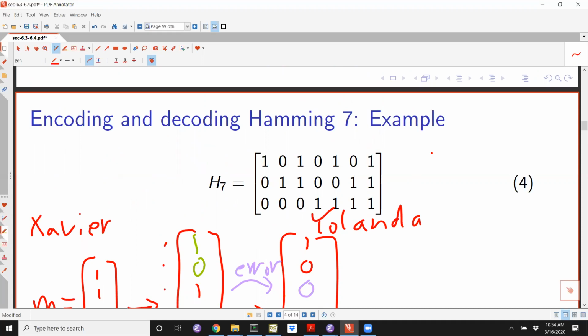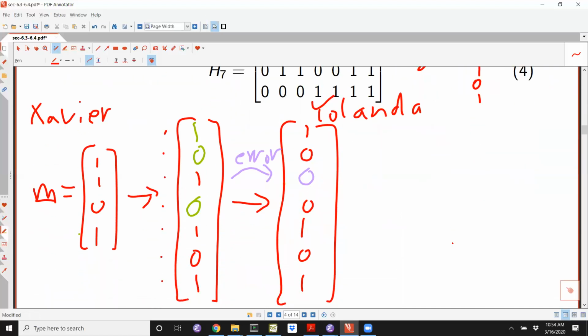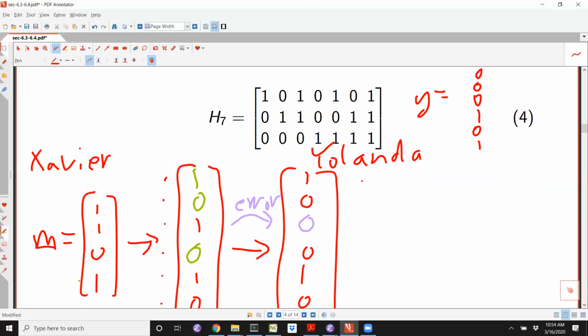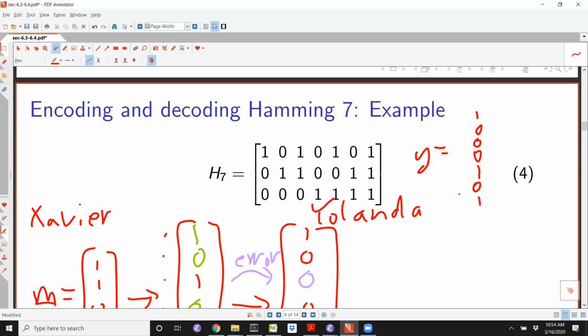So now we have y equals 1, 3 zeros, 101. I'm just copying over this y down here because it doesn't fit in the screen.